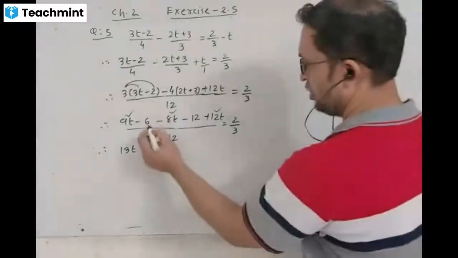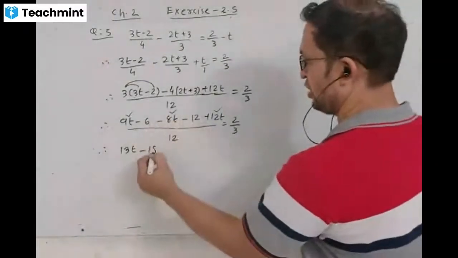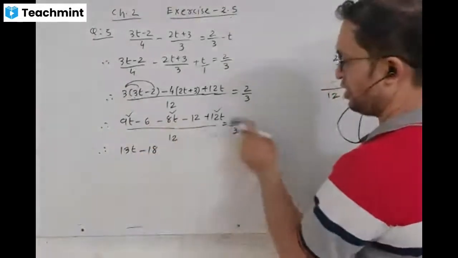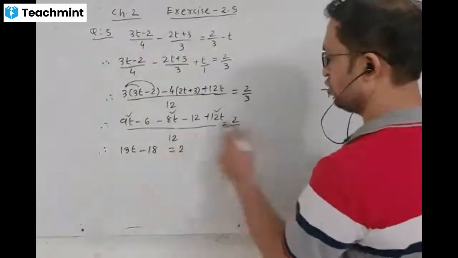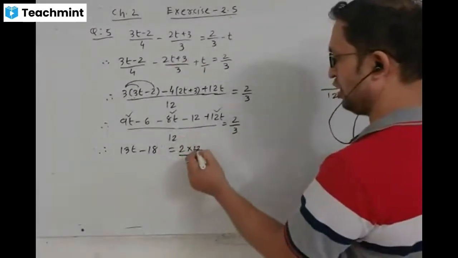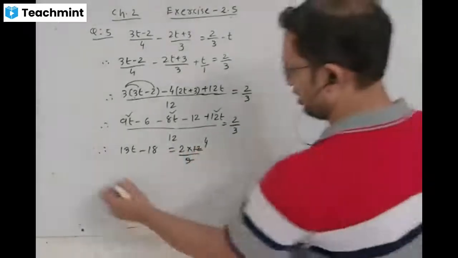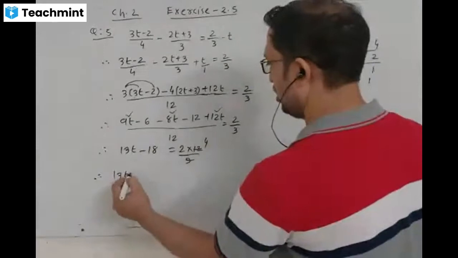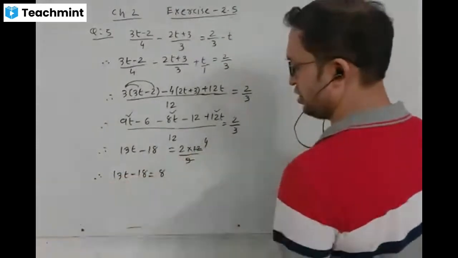Okay, 13t. Minus 6 minus 12, both are same sign. It is addition minus 18. Here 12 denominator convert into multiplication form. 2 multiply with 12 divided by 3. And 3 4s are 12. Therefore 13t minus 18, that is equal to 2 4s are 8.